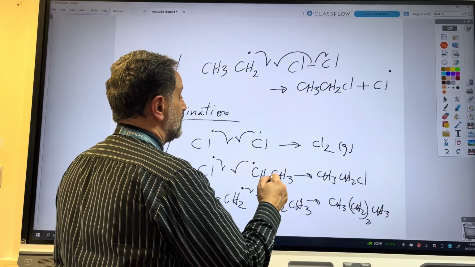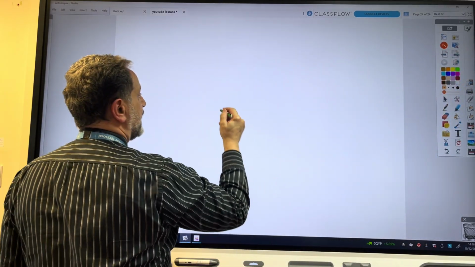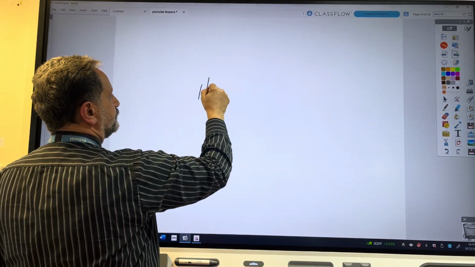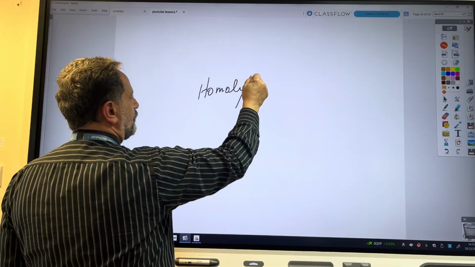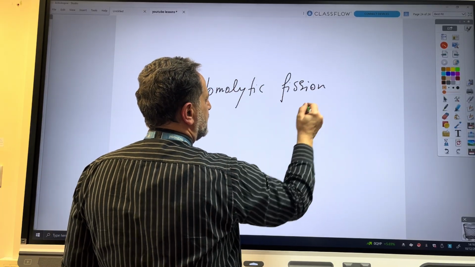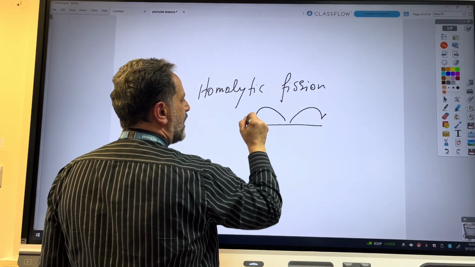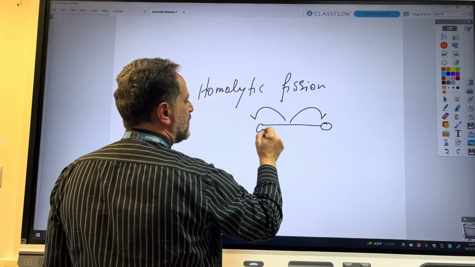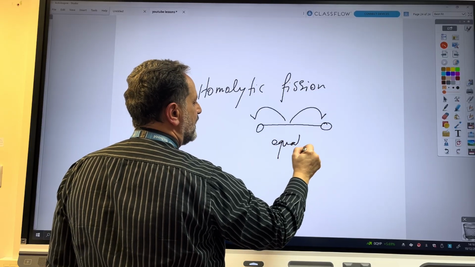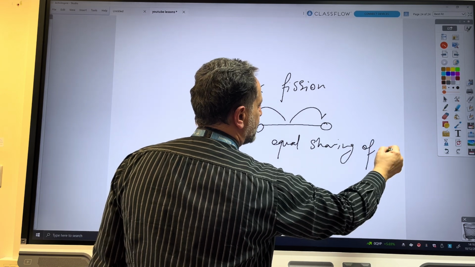So things that you also need to take note of, like I've mentioned, is homolytic fission. So when you have a bond and a bond opens up, each of these guys will get equal sharing of electrons.